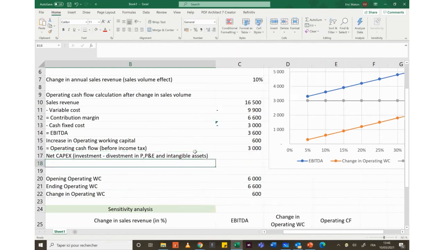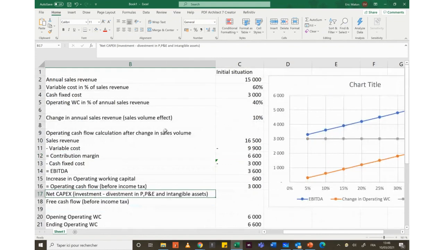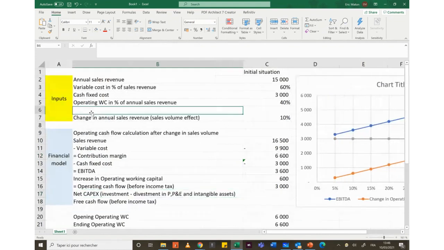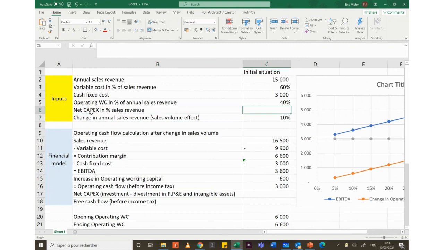Now you have the free cash flow, but here it's the free cash flow before tax, before income tax. In this example, we don't care about the income tax. So suppose in your inputs, you need to invest in function of the sales revenue, for instance 5% of the sales revenue.